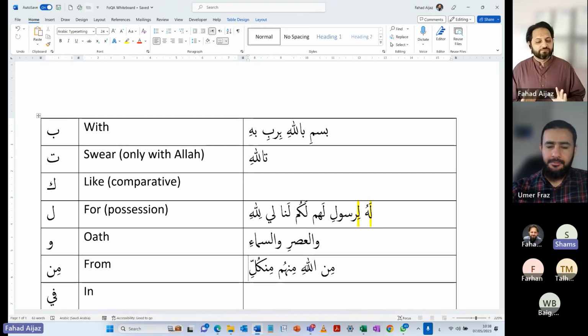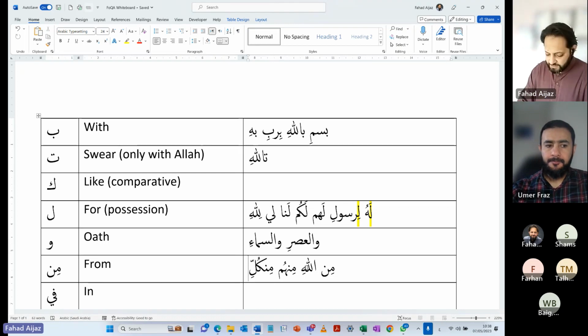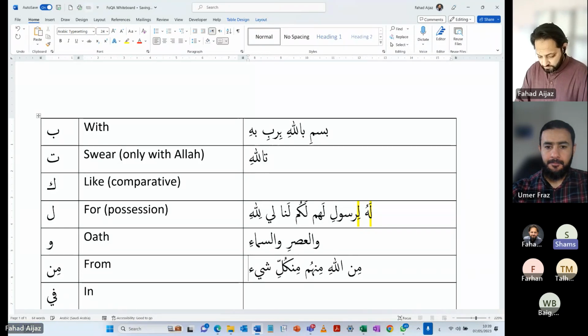Kulli was a special mudaf. It always comes as a mudaf, right? And it means each, every, any. If I say min kulli shay'in, from everything.